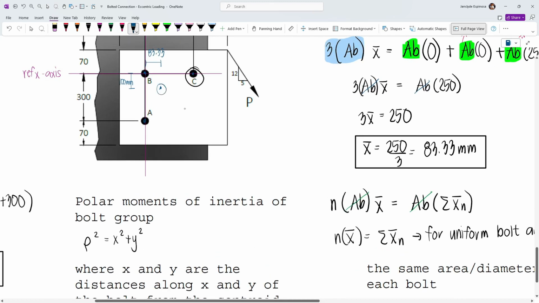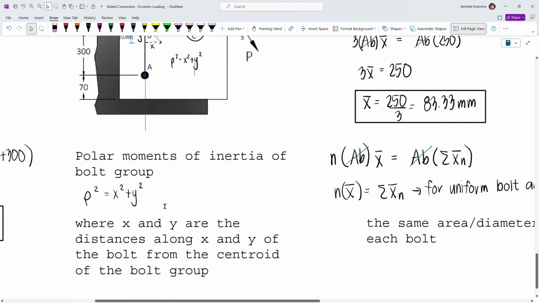Now the distance from the centroid up to the centroid of a certain bolt, let's say that's rho. Now we have here the distance along x and the distance along y, this one and this one. And so by Pythagorean theorem, we have rho squared equals x squared plus y squared. And so this is how we can determine the polar moment of inertia of a certain bolt group.